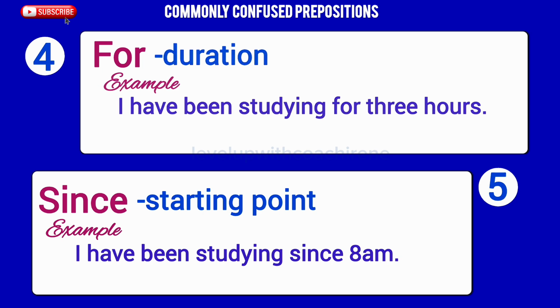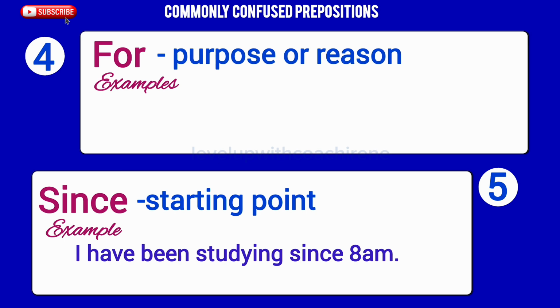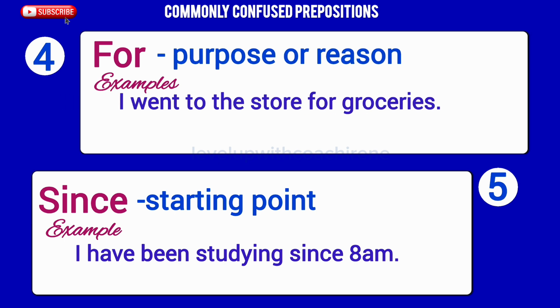In addition, for can be used for purpose or reason. For example, I went to the store for groceries. This shows that the purpose of the speaker going to the store was to get groceries. It shows purpose. It can also be used for reason.